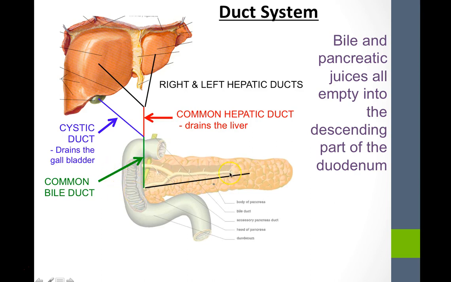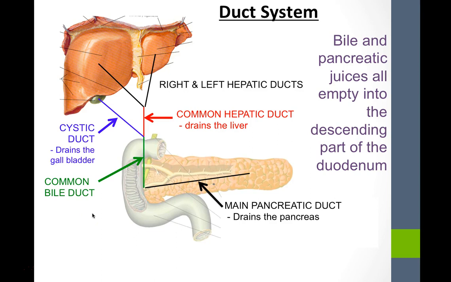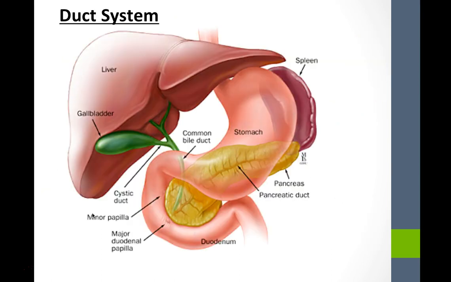Now the other duct, it's actually back in here, but it's represented by the black line, is your main pancreatic duct, and this is going to bring in those pancreatic juices from the pancreas into the duodenum.